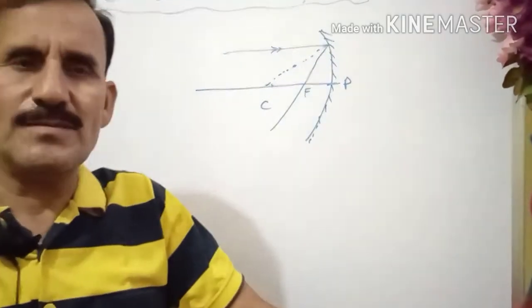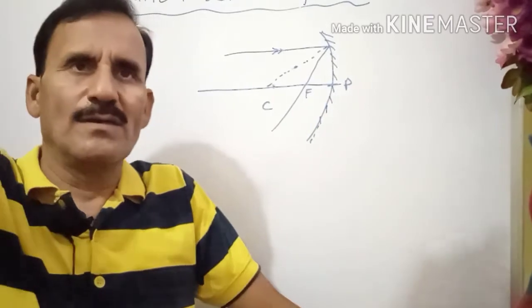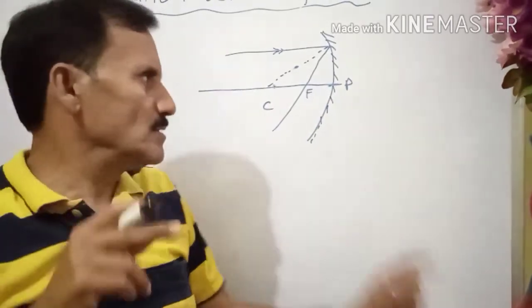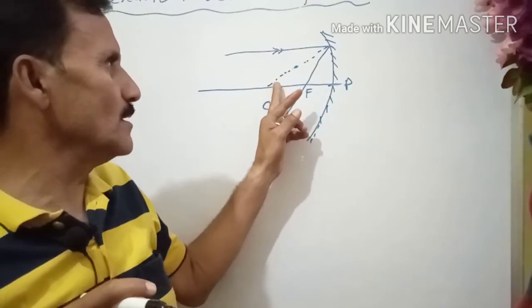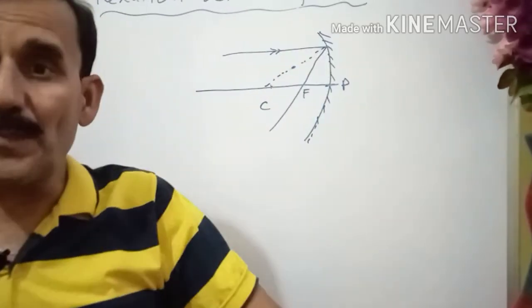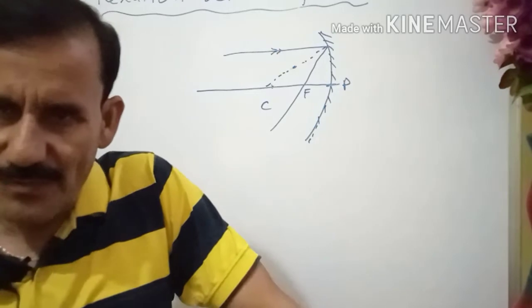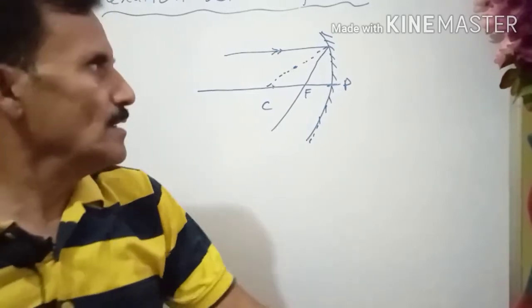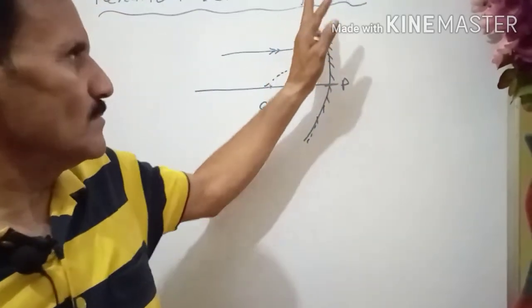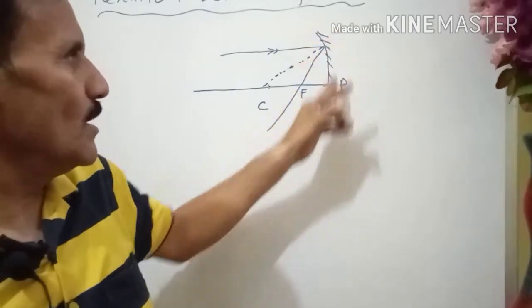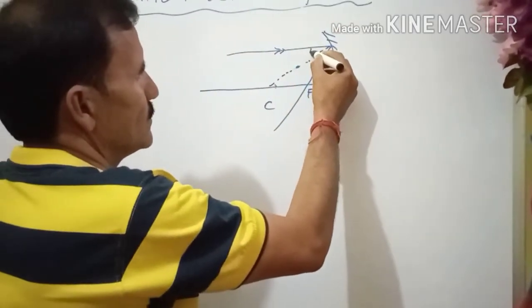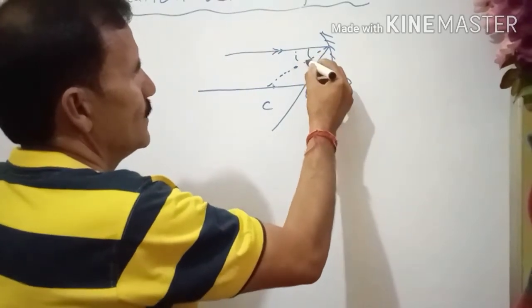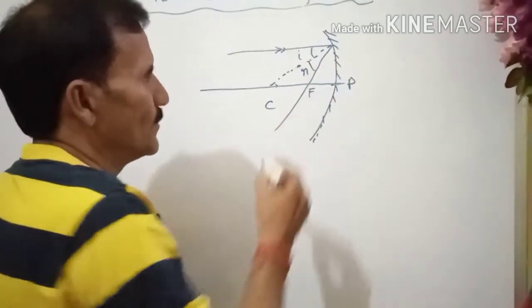You know, in a circle, when you join the circumference to the center, that is always perpendicular to the surface of the circle. So here this line is nothing but the normal. So this is the angle of incidence and this is the angle of reflection.